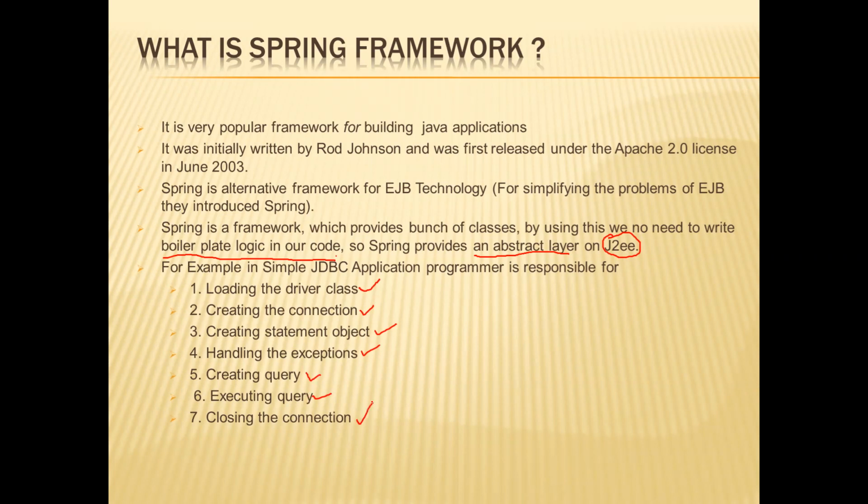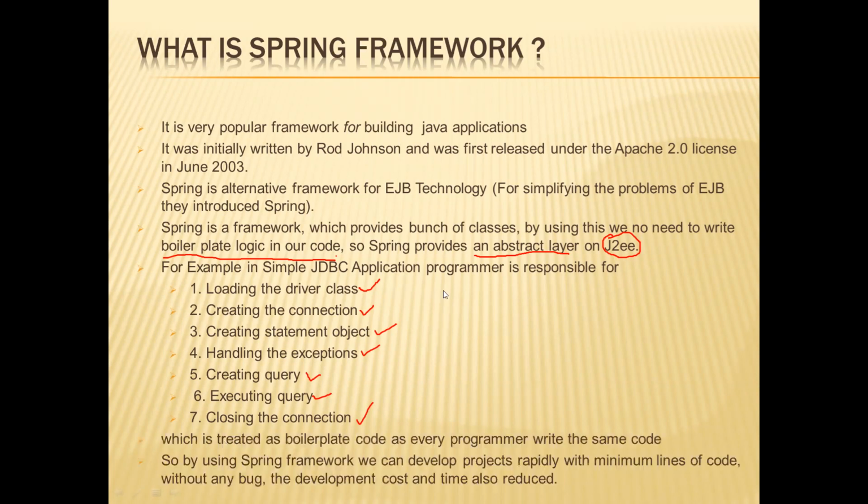Now, for a simple employee record, I want to store employee information in the database. That is our requirement. To perform this action, every developer who joins needs to follow these 7 steps. These 7 steps we can call boilerplate code.